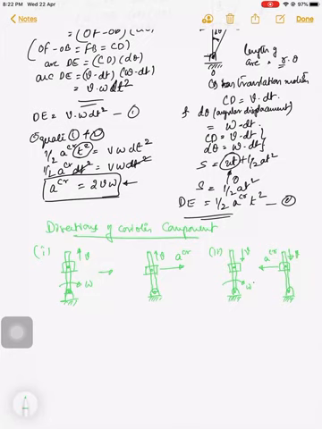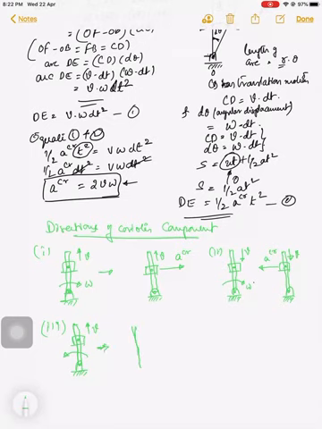Similarly, if I consider another link or same link with a slider rotating about a fixed point, having angular velocity anti-clockwise or counterclockwise, and the slider is, let us say, moving upwards with a linear velocity v.